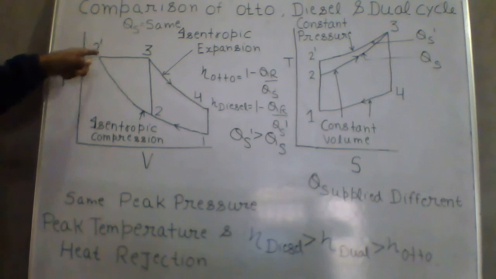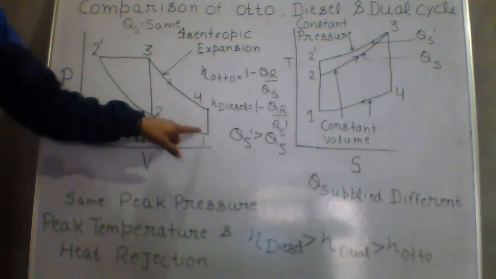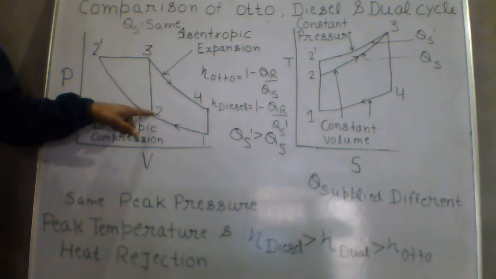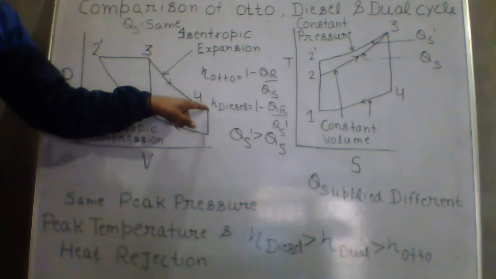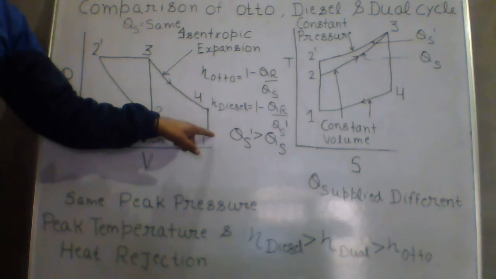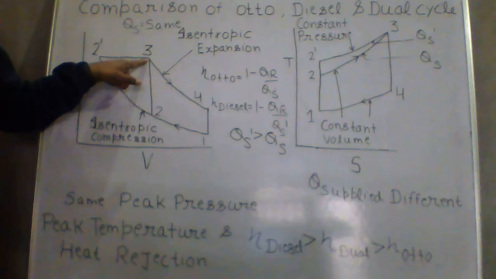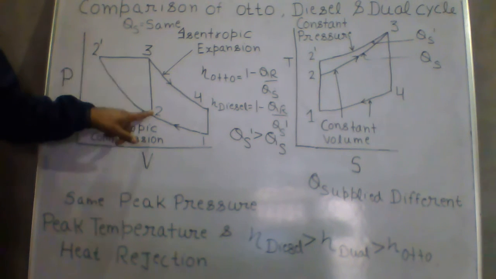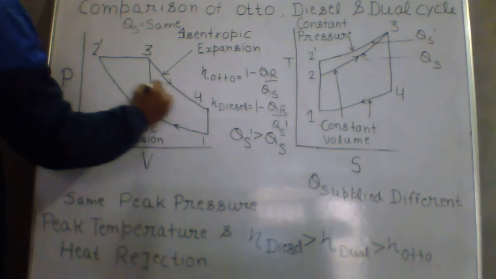Now you can see in this diagram, in the Otto cycle, this is your compression, this is your heat addition, this is your expansion, this is your heat rejection. So the maximum pressure will be achieved at this point. After compression, you will add fuel and supply heat.